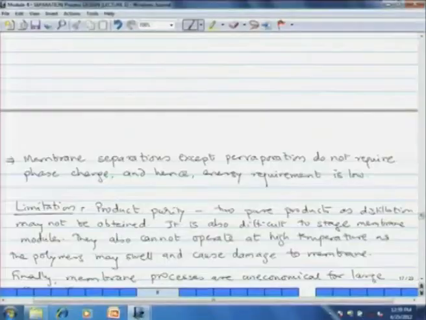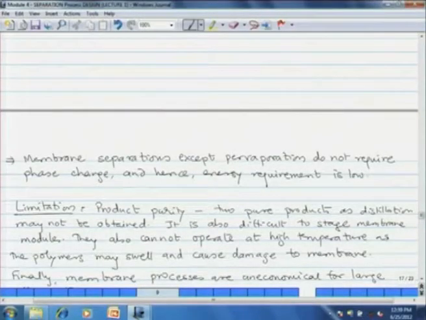On one side the component is dissolving in liquid state, and on the other side it is evaporating, so the energy of evaporation is absorbed from the liquid on the other side. You have to continuously keep that liquid at a certain temperature. Except for that operation, membrane separations are less energy intensive.